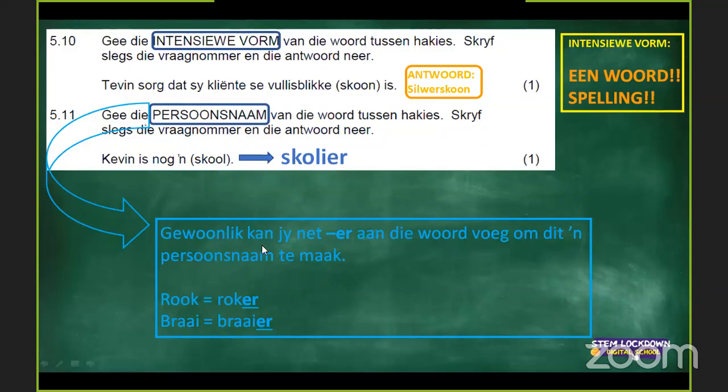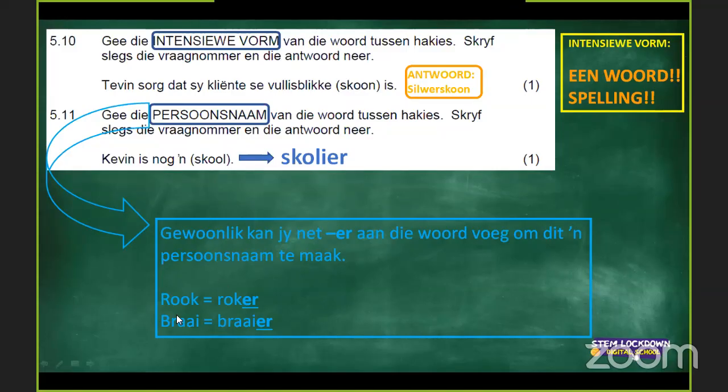Nou, hier sê ek gewoonlik kan jy net ER aan die woord voeg om dit 'n persoonsnaam te maak. Usually, you only have to add an ER, the suffix ER to the word given to change it into a persoonsnaam. This was an exception, and you must say bygevoeg het.